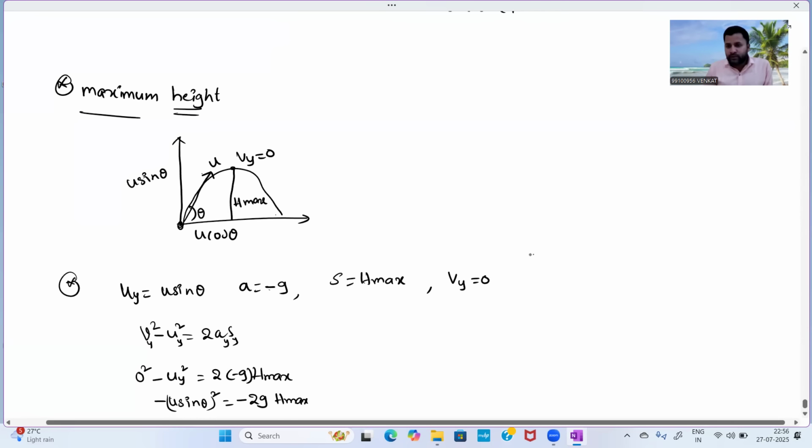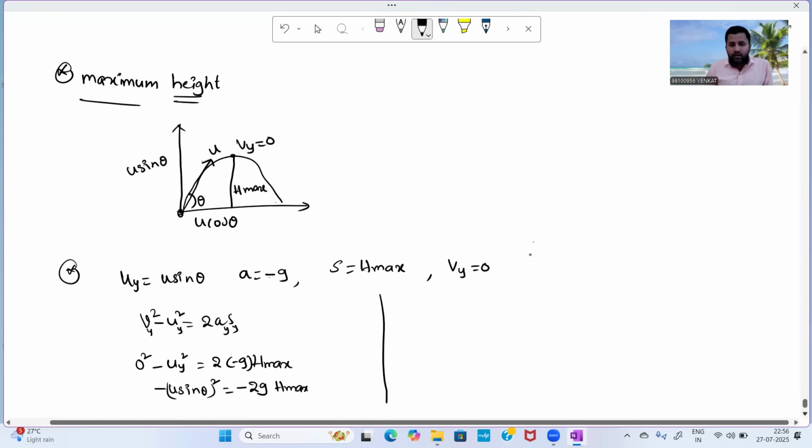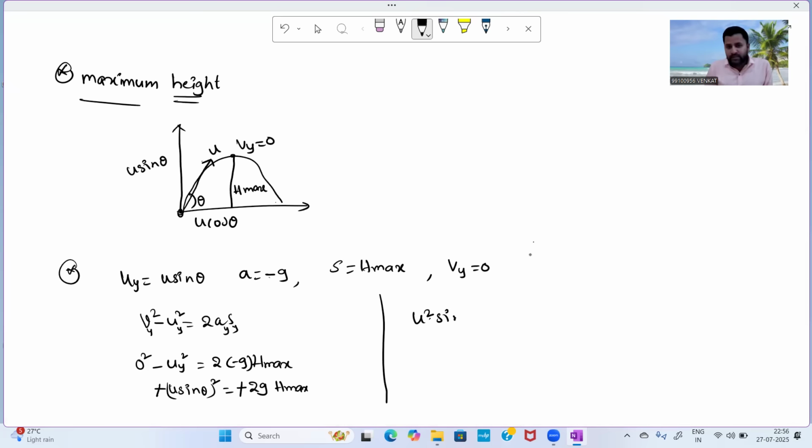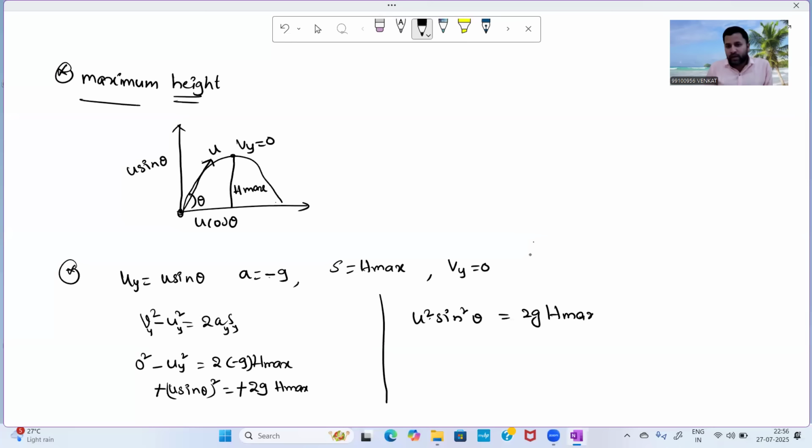Okay, sorry for the disturbance. I'm writing here. The minus signs cancel, right? Then we can write u square sin square theta equals 2g h max.